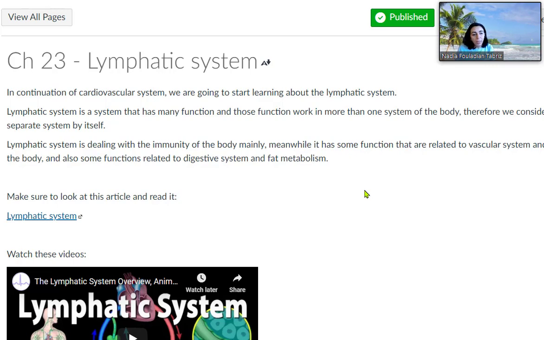Among the functions besides the immune system, fighting the invaders or even cancer cells and all those things, we have other parts, like dealing with and helping the cardiovascular system. That's the reason we study the lymphatic system, even though in brief, next to the cardiovascular system.